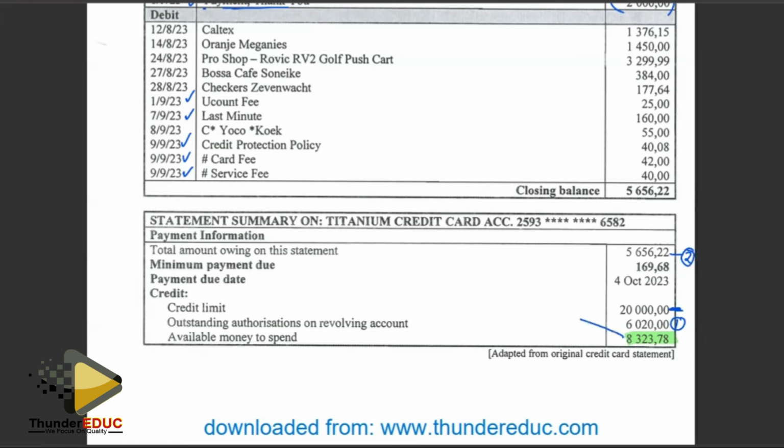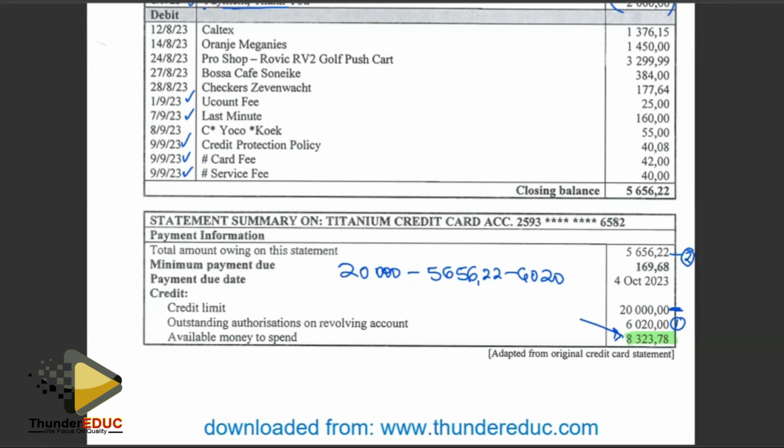So how do we get this value here? We shall take 20,000 minus the 5,650 minus 6,020. That's how the value was got.